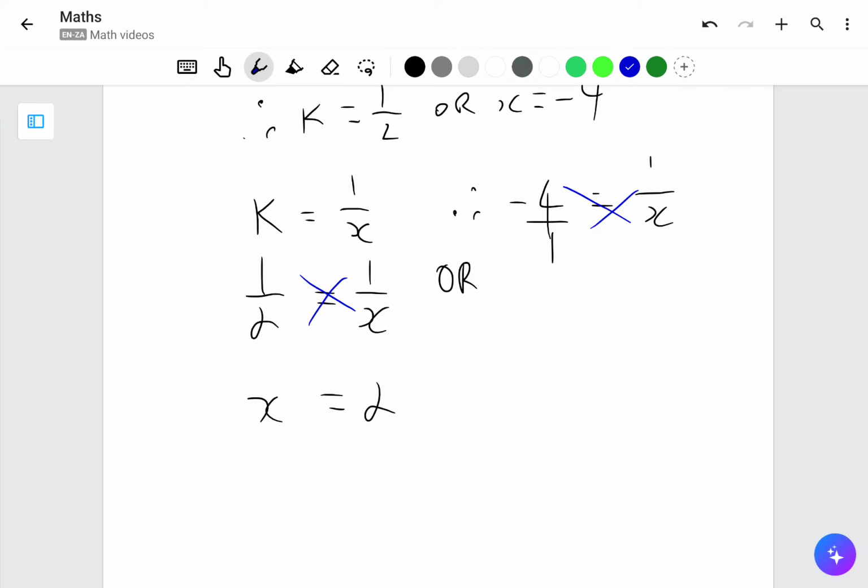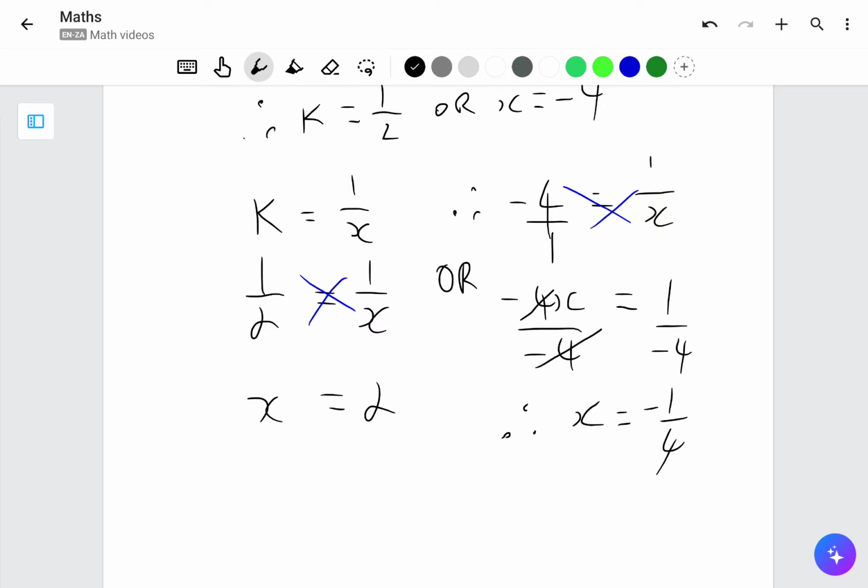So minus 4 times x will be minus 4x, and 1 times 1 will equal 1, right? Then we can divide both sides by negative 4. Okay, so we know that cancels, and therefore x will now give me negative a quarter.